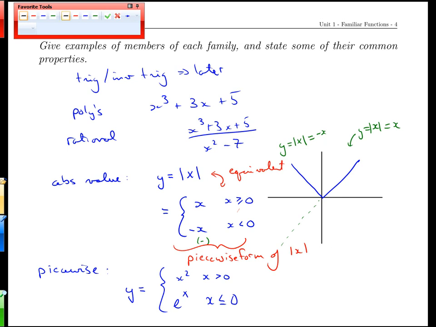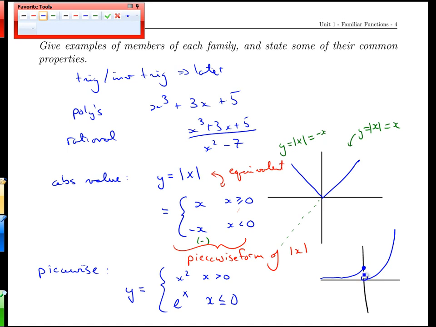Well, it would be some interesting combination of the two graphs. This is the range, or sorry, the domain over which we use the x squared function. So when x is positive, we would have the parabola y equals x squared, and when x is negative and up to 0, we would have the exponential growth curve up to 1 here.